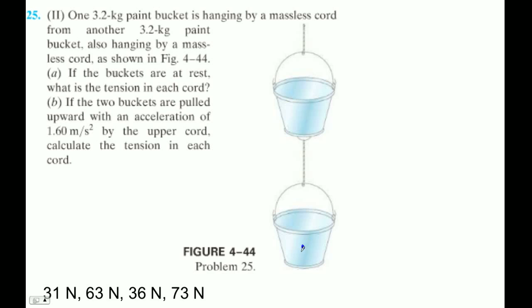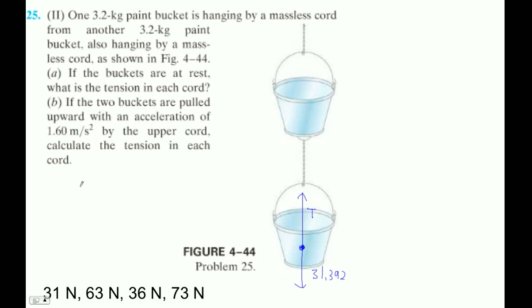For this guy, we've got the force of gravity, which is 31.392, and we've got the tension in the cable, that's T. I'm representing the bucket with that little dot right there.